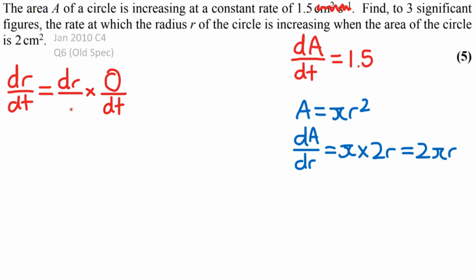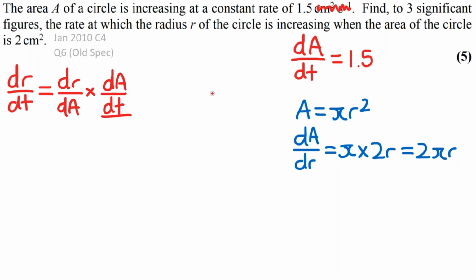And then we're going to want the same thing here and here, so they cancel out in the end, just leaving us with dr over dt. Common in both of the equations we have is dA, so we're going to have dA here and dA here, and these two are going to cancel out to just leave us with dr over dt, like what we want.